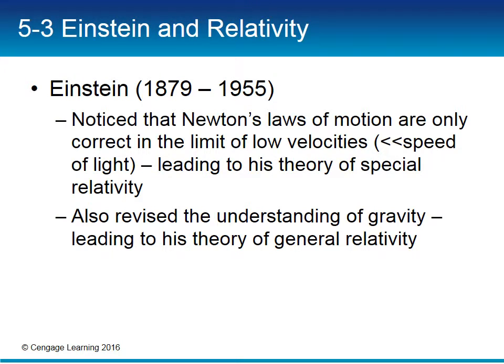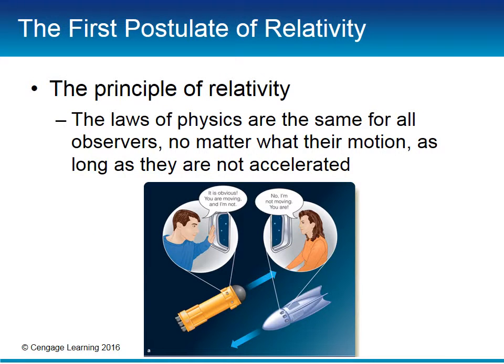Einstein discovered that Newton's laws of motion were only correct in the lower limits of the speed of light velocities, and this led to his theory of special relativity. This also revised the understanding of gravity and led to Einstein's theory of general relativity.